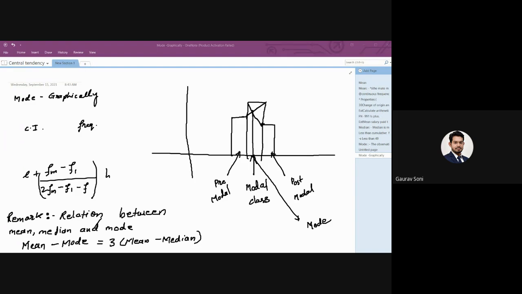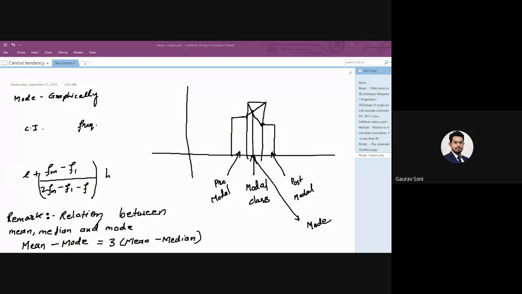The relation is mean minus mode is equal to 3 times mean minus median. So which difference is larger? That was my question. Which difference is larger, mean and mode, or mean and median? Mean and mode.